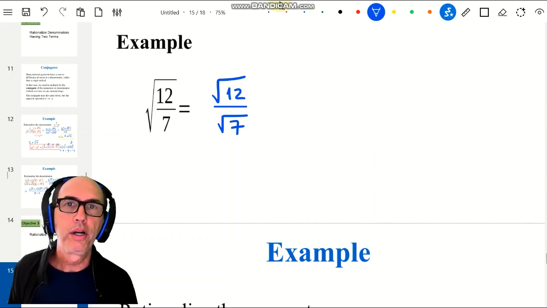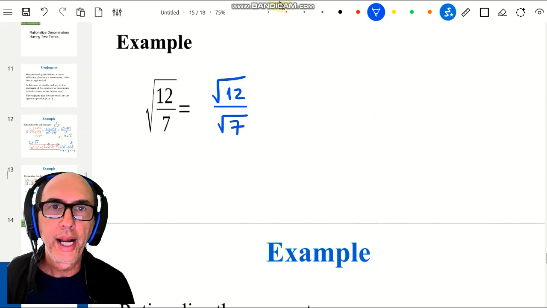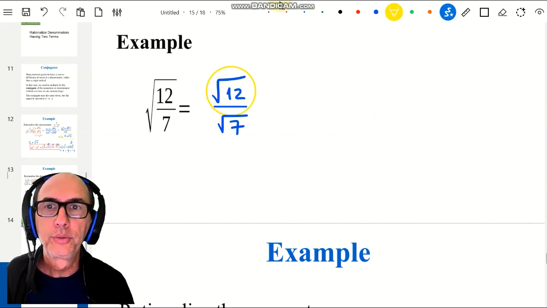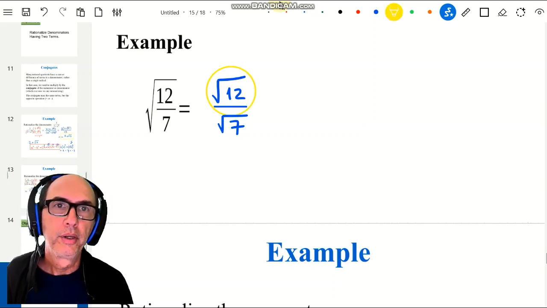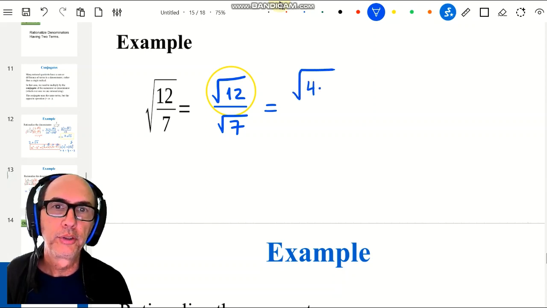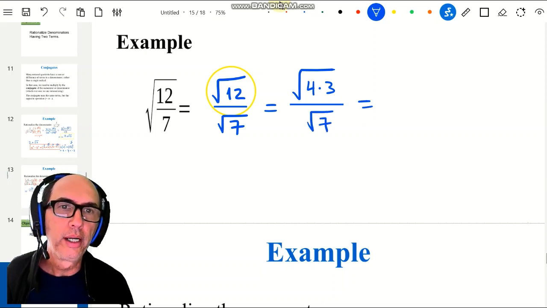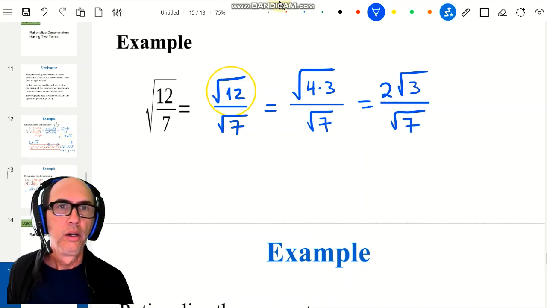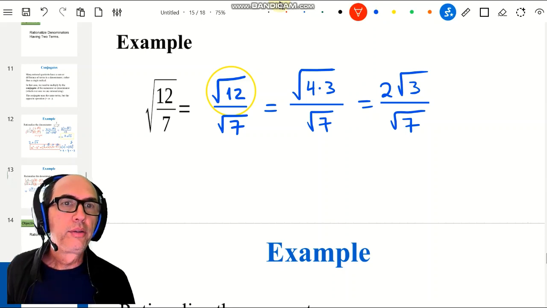First, before you try to multiply, check if you can simplify the square root of 12, because we can write it as the square root of 4 times 3 over square root of 7, and the square root of 4 is 2, right? So 2 square root of 3 over square root of 7. We need to remove now the square root of 3 from the top.